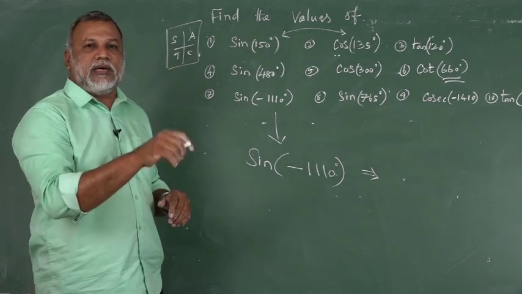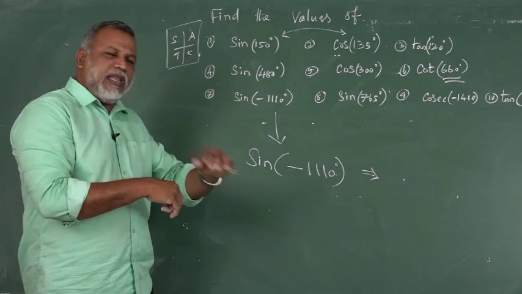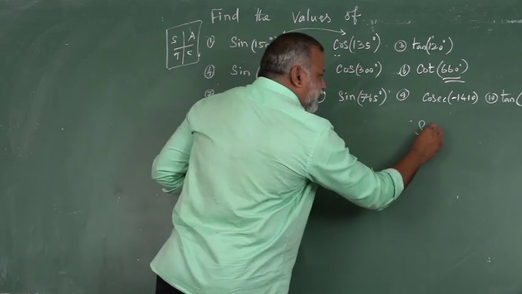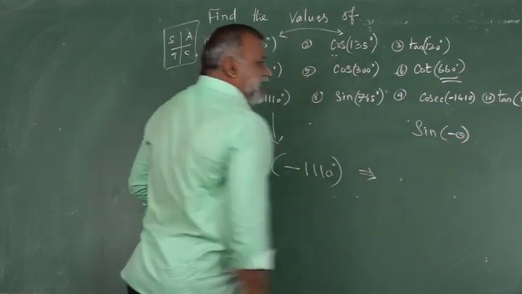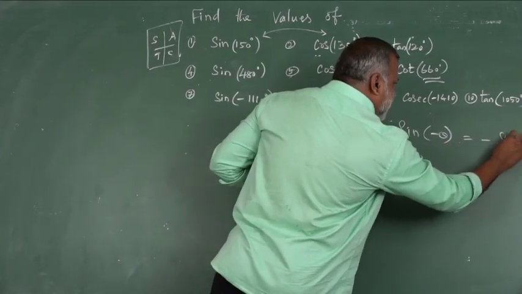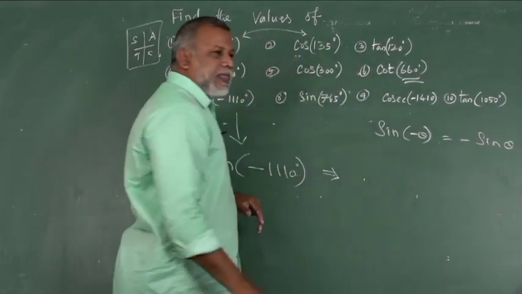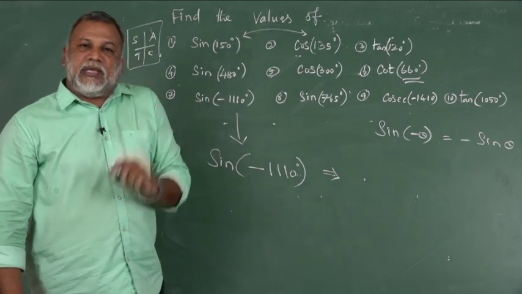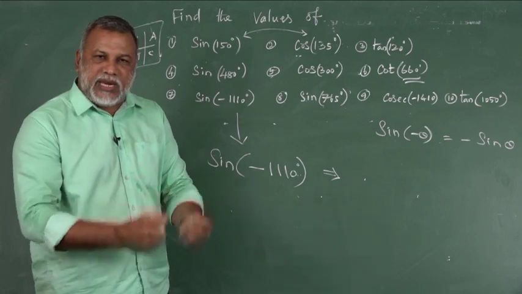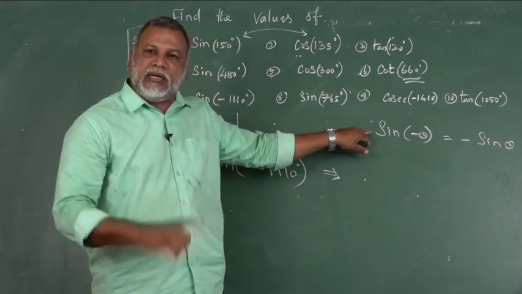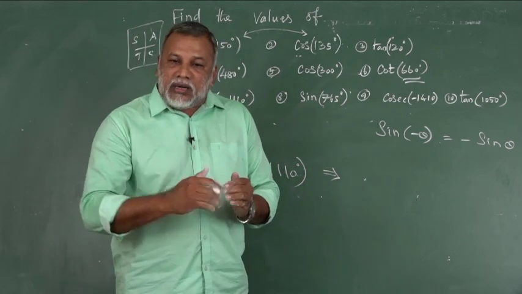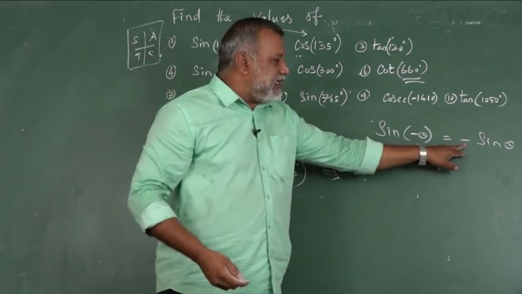Now, already we have some basic formulas, the ratios of minus theta. We have some theoretical concept already worked out. In that, sine of minus theta means minus sine theta. Already we discussed it. Cos and its reciprocal, secant, are even functions, that means they absorb the negative. Sine and its reciprocal cosecant, tan and its reciprocal cot, emit the negative.